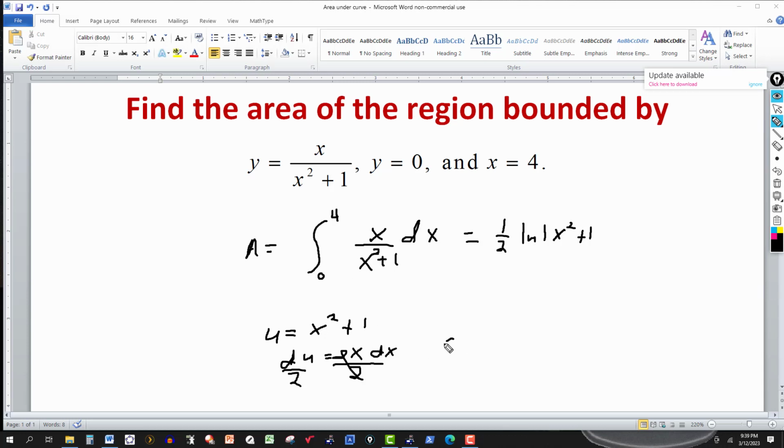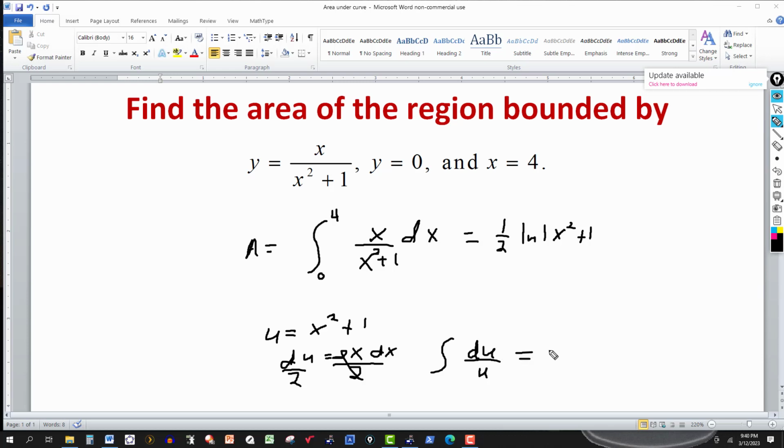So here on the side we'll just say, okay, this will be the same thing as replacing the x dx by du over 2. Replacing the x squared plus 1 by u, we have this. And then of course this is one of your standard formulas used a lot in calculus 2.